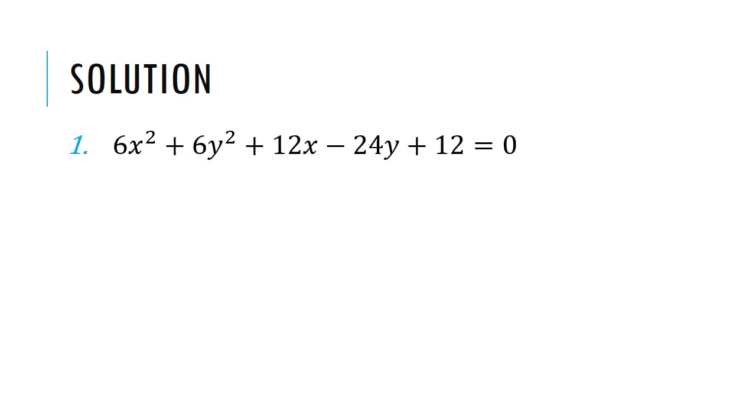For number 1, we are given 6x squared plus 6y squared plus 12x minus 24y plus 12. If we use the method of inspecting the coefficients, we can see that the coefficients of x squared and y squared are the same and have the same sign.